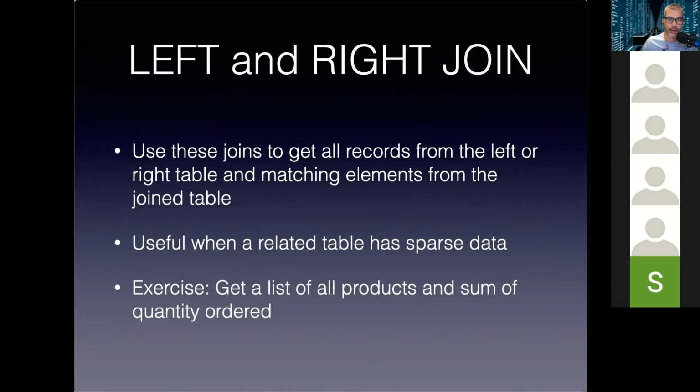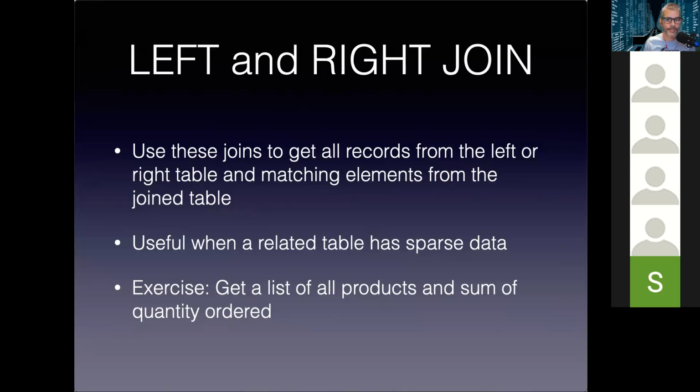We would not get any information back about that particular product, because the inner join would eliminate any results that don't match on both sides. So we would want to use a left join in this case. Or if the table that you're interested in, that has the data that you want to see the full set of, is on the other side of your expression, then you want to do a right join.